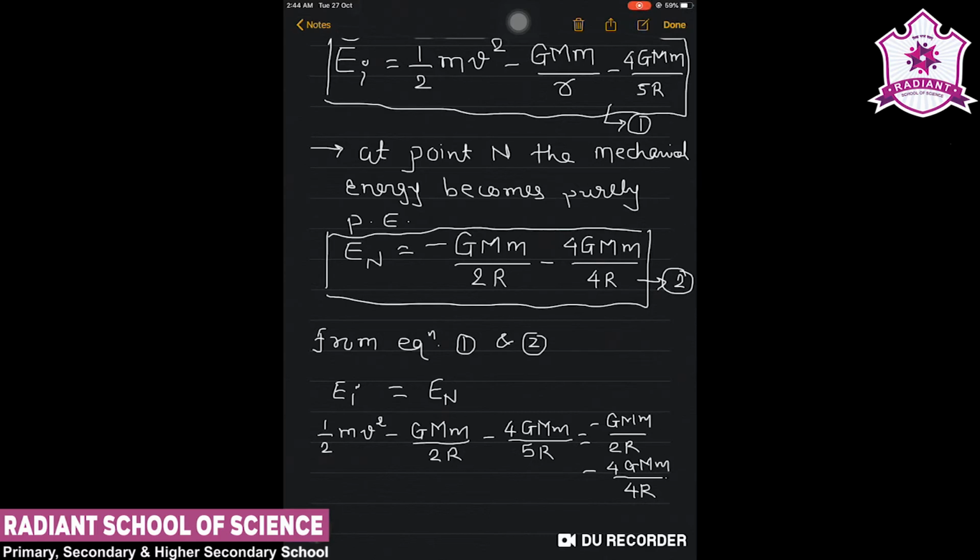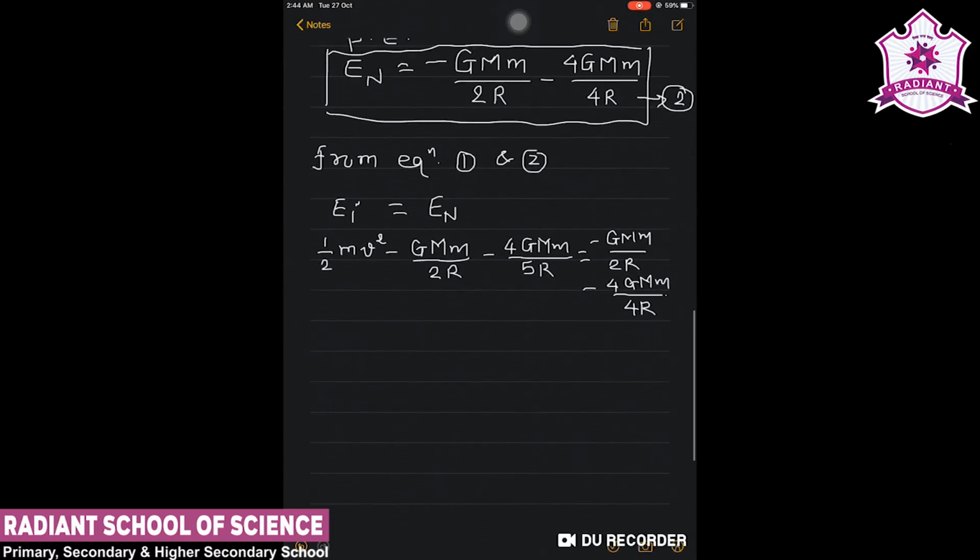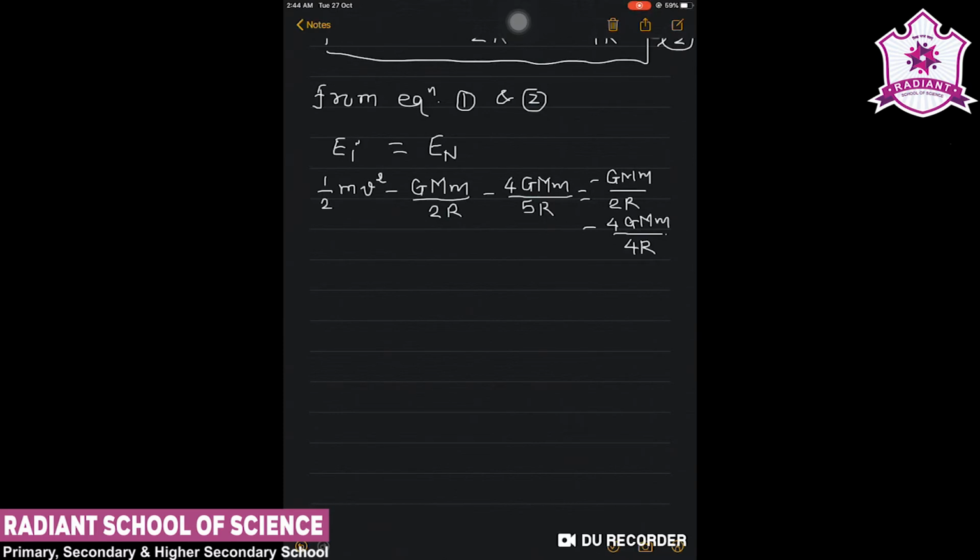So here now when we compare, we have the equation of comparison, and we cancel the small m from all the equations, and ultimately we have the comparison part as one half v square minus GM over r, that is actually small r that should be there.